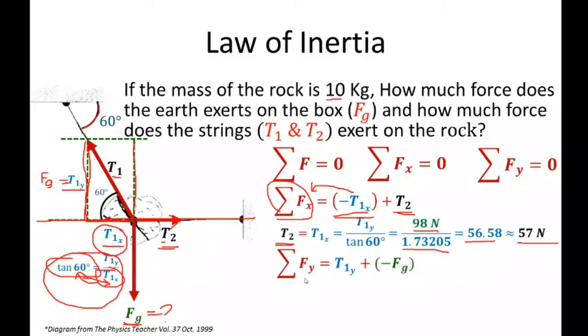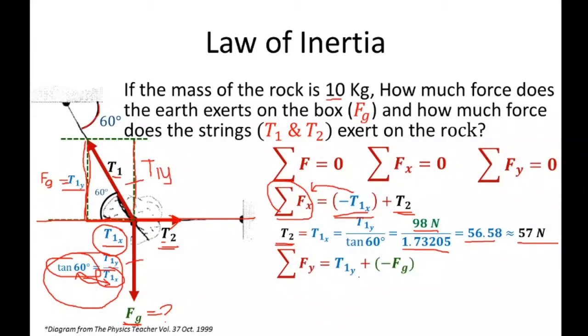So the summation of the forces in the y includes the Fg, the force of gravity, and this one right here, the mirror image of Fg, which happens to be the T1y, or the y component of our T1.